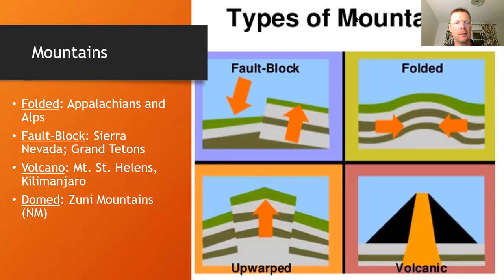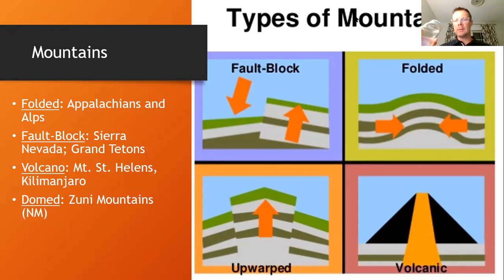Folded mountains are examples of the Appalachians and the Alps, where faults collide and the land masses fold up. Fault block mountains, what we have is subduction, where one fault line moves up, the other one moves down, the Sierra Nevada mountains and the Grand Tetons. Volcanoes, Mount St. Helens, Kilimanjaro are examples of that. Domed mountains, the Zuni Mountains of New Mexico would be examples of domed mountains.